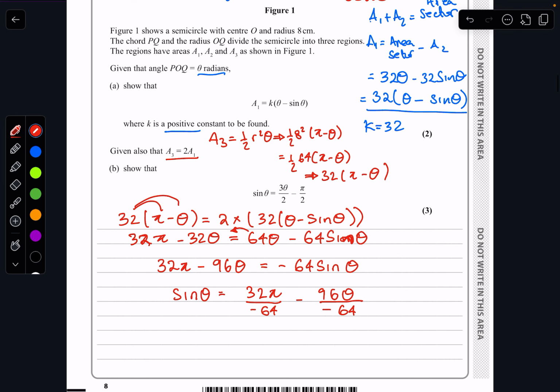If I simplify this down, sine theta is equal to 32 divided by minus 64, which is minus 1 over 2 pi, and then plus, because minus 96 divided by minus 64, the negatives cancel out, and 96 divided by 64 gives us 3 over 2 theta. Therefore, this will be our final answer, which we can see is an exact match to what they have got as well.